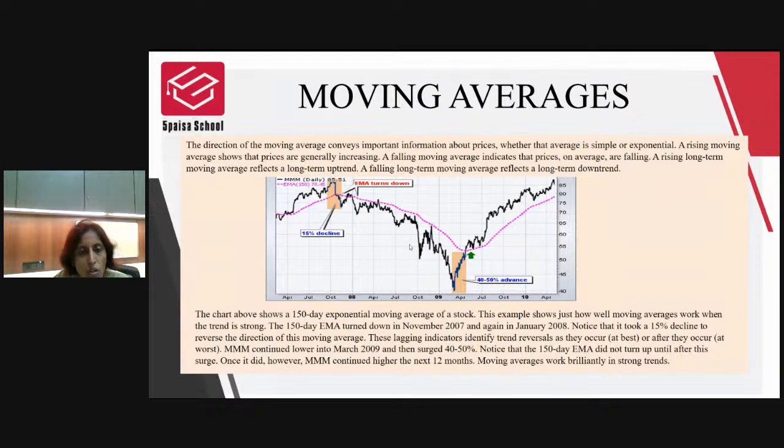So this is how your moving average can be used not only to see which direction the market is trending, but also to help you decide when to enter the market and when to exit. Here is the time not to enter, and here is the time when you should enter. The moment the EMA is moving upwards, it indicates it's time to enter.